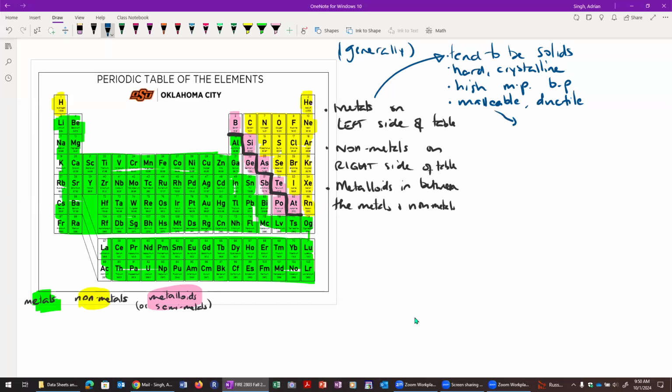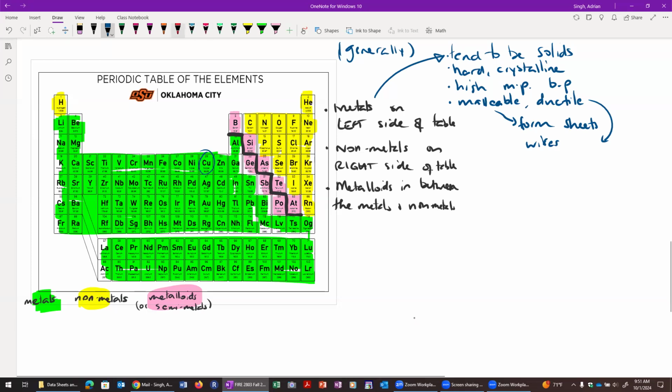So malleable, sheets very easily, and ductile, they can be drawn into wires. Think about copper, for example, which is right there. Copper wires, very easily formed. So those are some general characteristics of your metals.